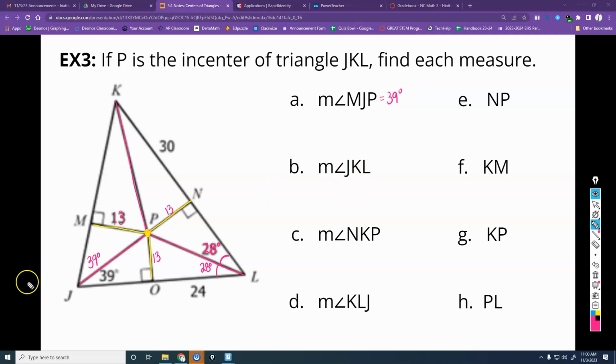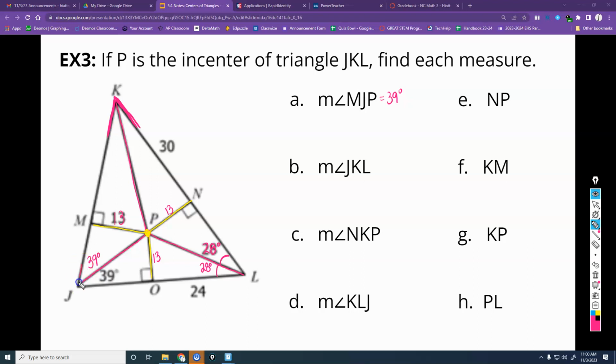All right, now they're going to ask us for JKL. That is this whole angle right here that we're looking for. I don't have any of those angles. Any ideas on what I could do? J is 78.